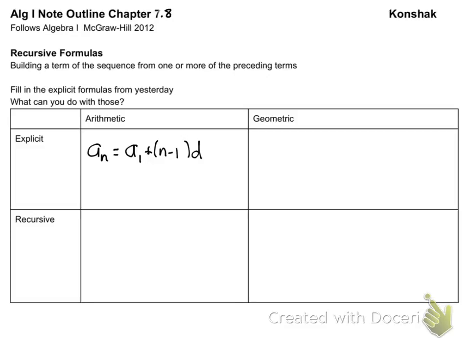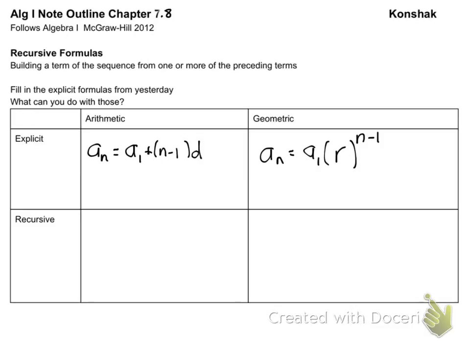Moving on to geometric, the one we actually just learned yesterday, the one we worked with the most, would be A sub n equals A sub 1 again. Ooh, not D, but R. The ratio to the n minus 1 power. So remember, you need A1 and R for geometric. And once you plug those in, you can solve for, again, any term from the first term up to whatever.